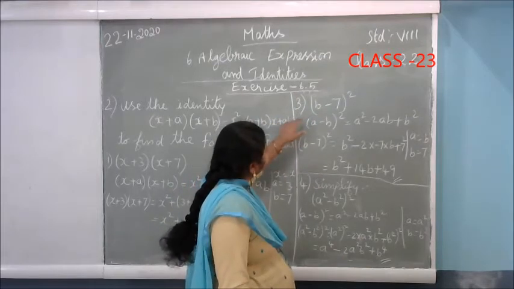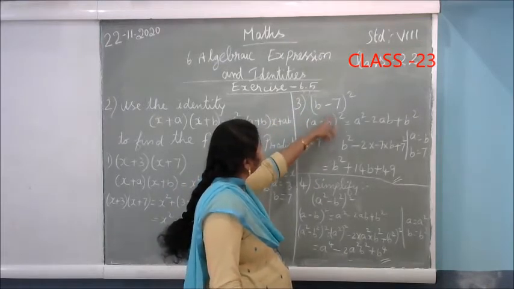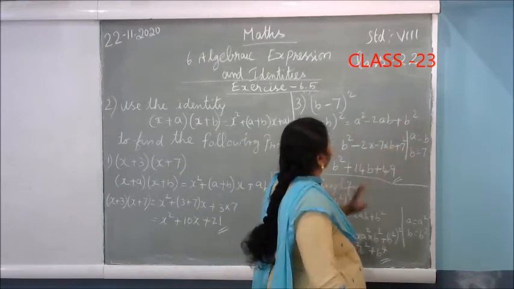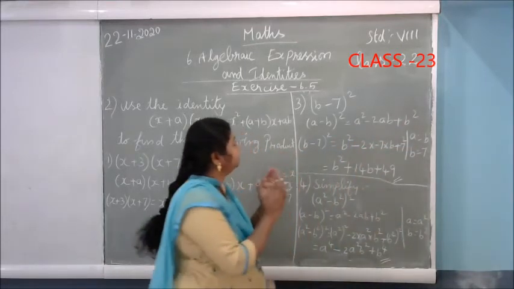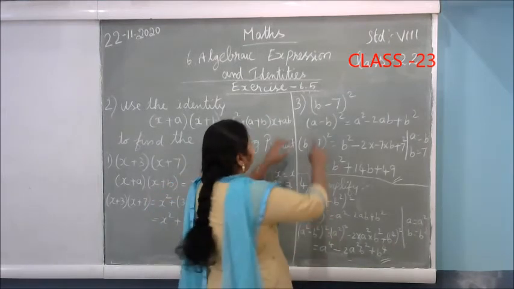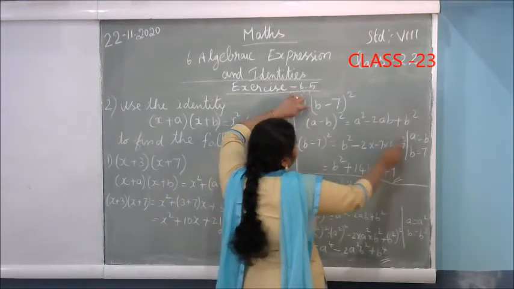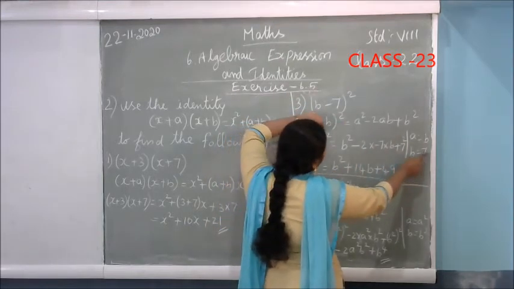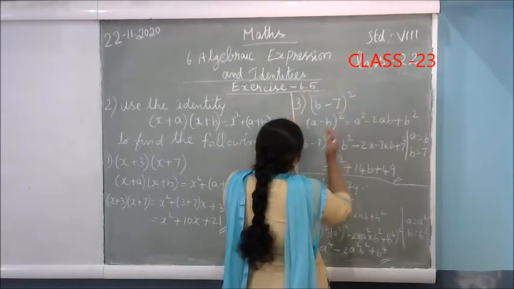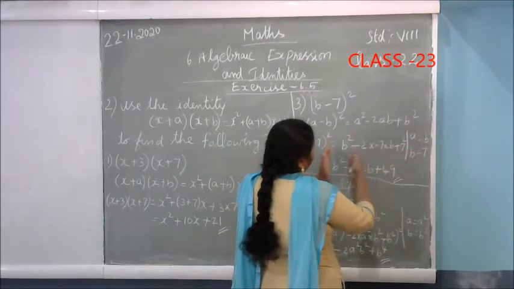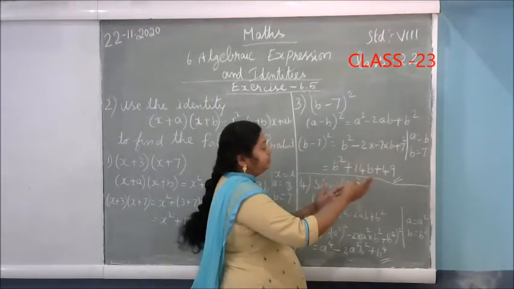What is the second identity? (a minus b) whole square is equal to a squared minus 2ab plus b squared. Here, first you have to find out which one is a and which one is b. Instead of a, b is here, so a equals b, and instead of b, 7 is there, so b equals 7. Afterwards, according to the formula, you write the numbers and variables.